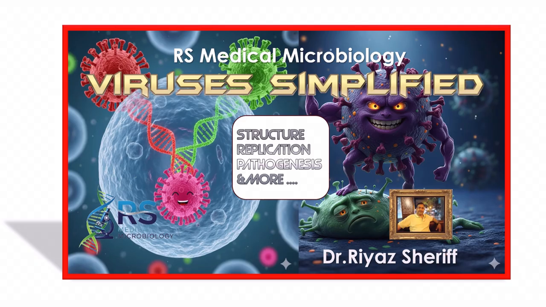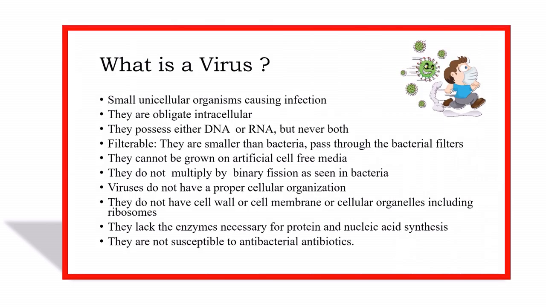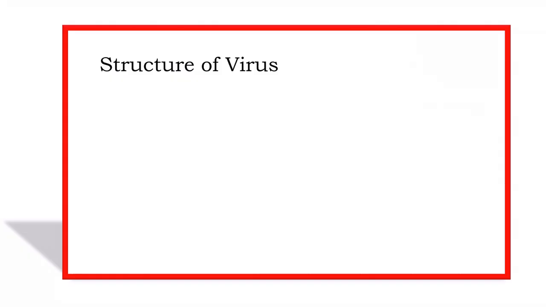In the last video, part 1, we spoke about viruses in general, how they act, and what the salient characters of these viruses are. Then we spoke about the structure of a virus, the DNA or RNA, the genetic material.